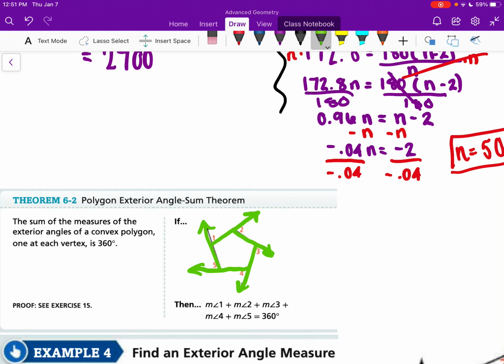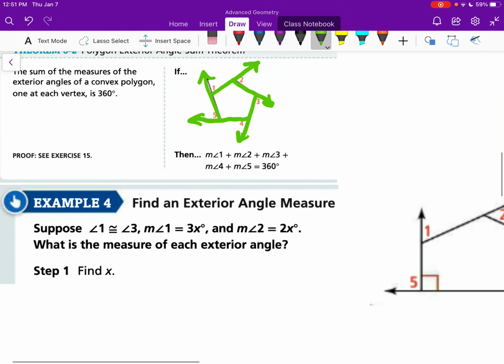So the outside adds up to be 360 degrees.